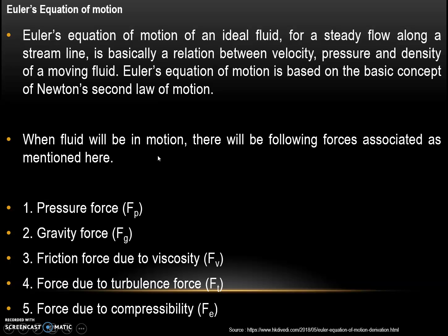When fluid is in motion, there will be some forces which have to be considered: pressure force, which is represented as Fp, gravity force Fg, friction force due to viscosity, that is Fv, force due to turbulence, that is Ft, and force due to compressibility, that is Fe.